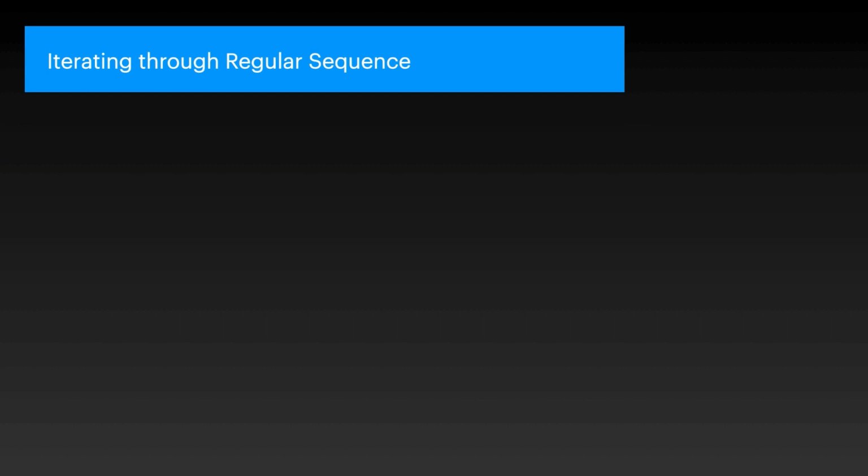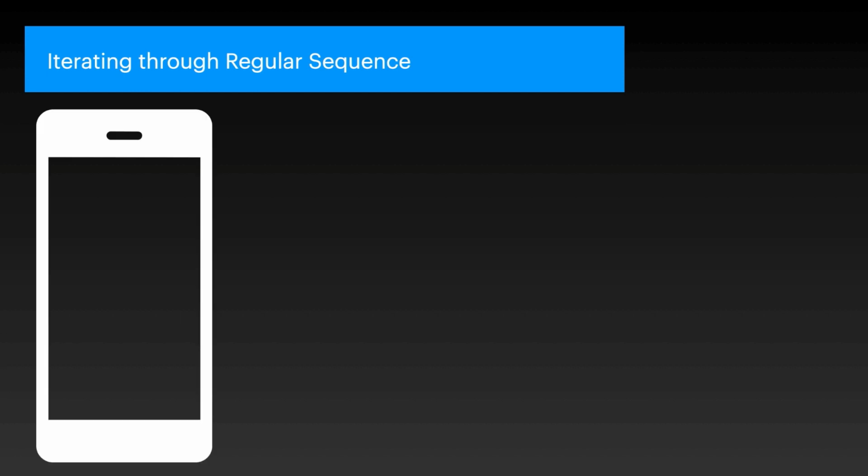In this module, we'll be talking about a brand new feature called async sequences. Let's go ahead and take a look at a very practical example of why we need async sequences. Let's say we are using a regular sequence to iterate through images.